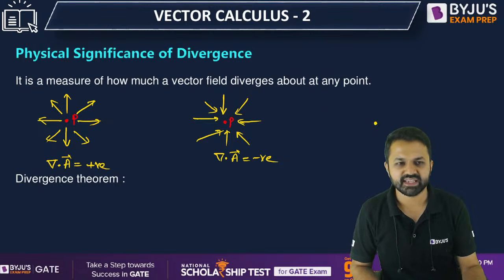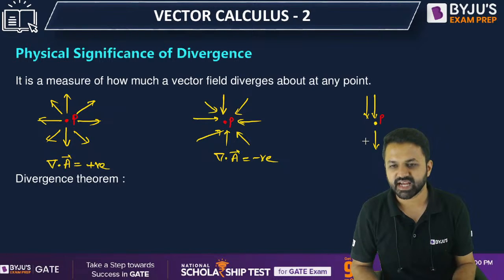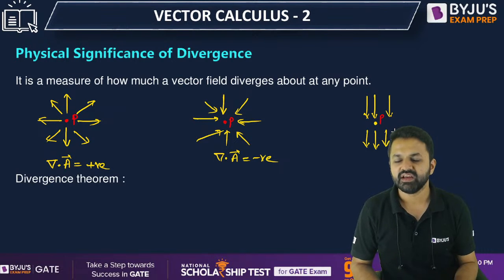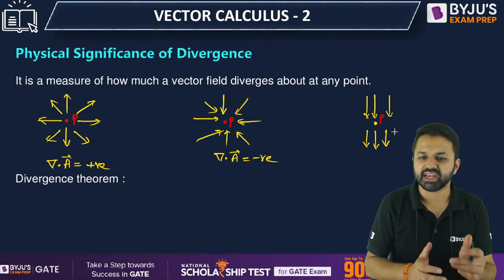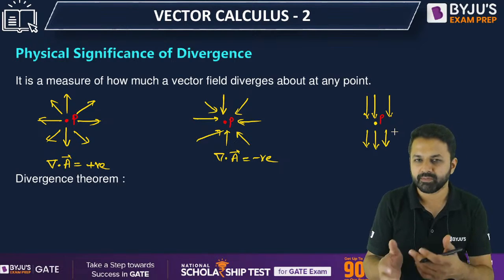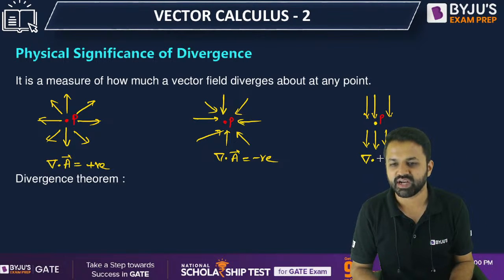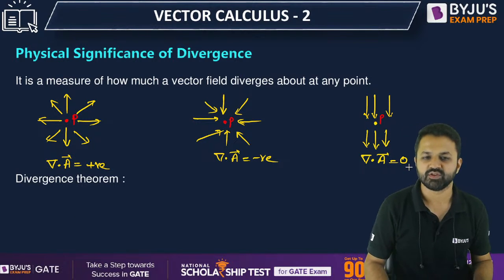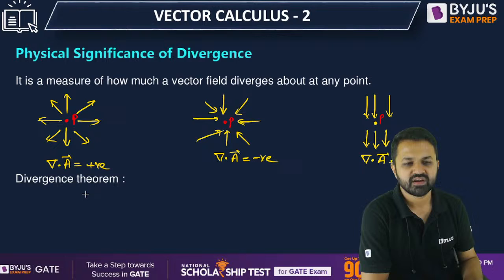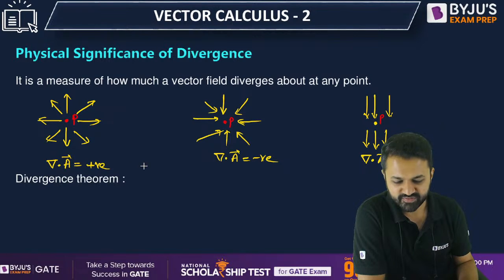And suppose at this point P, the vector field coming inside and going out are the same: inside, outside, inside, outside. So the total number of field lines coming in and going out are the same. In this case, if you calculate the divergence at the point P, then the result will be 0. So that is the physical significance of divergence.